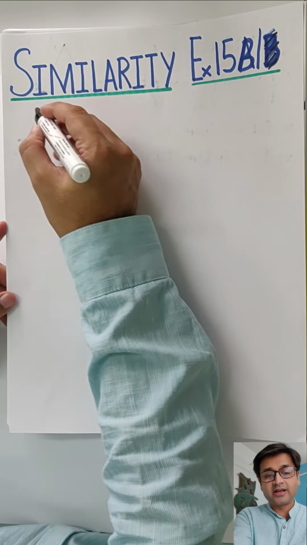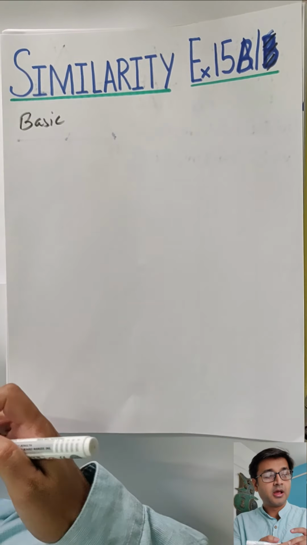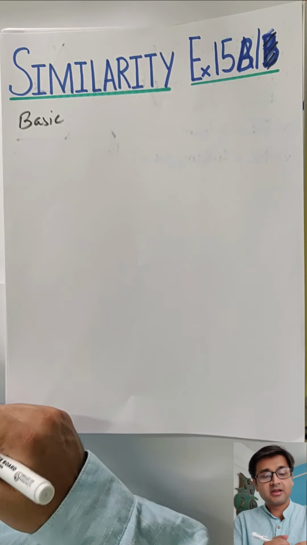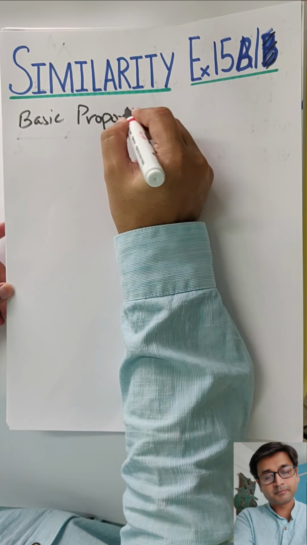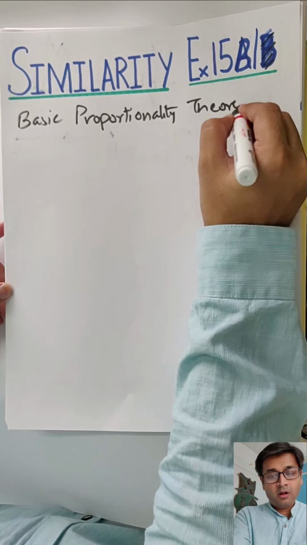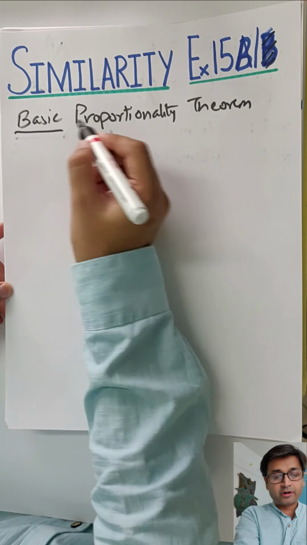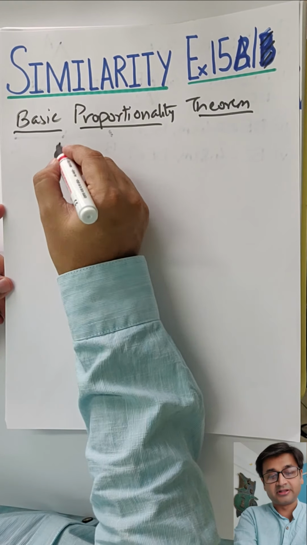So the first one is called the basic proportionality theorem. BPT is what we call it, basic proportionality theorem. A very important property from this exercise's point of view. Now, what do you understand by this property?